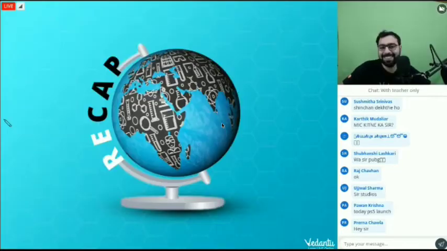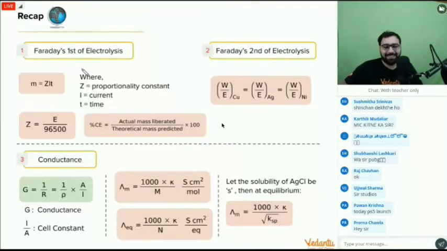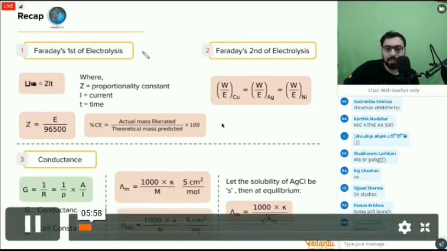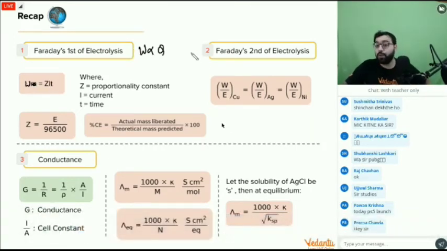Anode, copper. Faraday's first law of electrolysis we studied in the last class. In that we studied the weight which is deposited is proportional to the charge. W is proportional to Q. Then we wrote W is equal to ZIT, because Q, the charge, is current into time. Z was given as E by 96500.